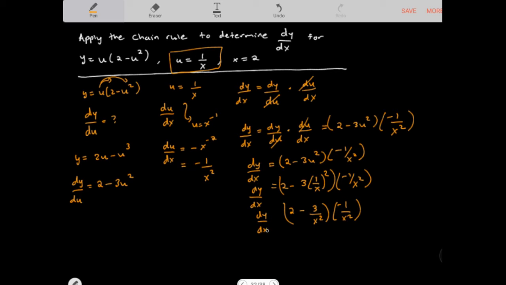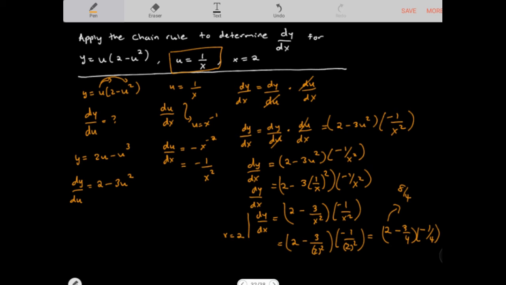Now at this point, they want you to solve for dy over dx when x is equal to 2. So I'm going to let x equal 2 here. So if you let x equal 2, you'll basically get 2 minus 3 over 2 squared times negative 1 over 2 squared, which is basically 2 minus 3 over 4 times negative 1 over 4, right? And if I simplify this out, you can write 2 here as 8 over 4.